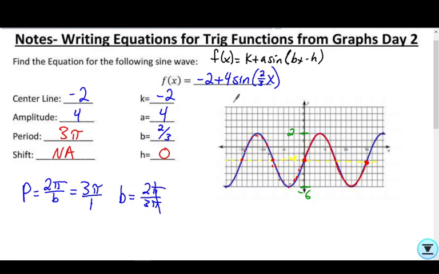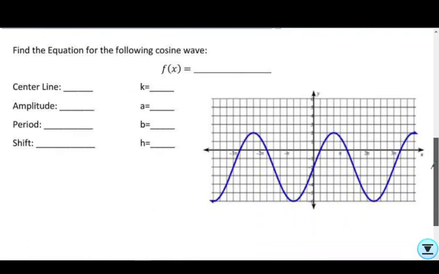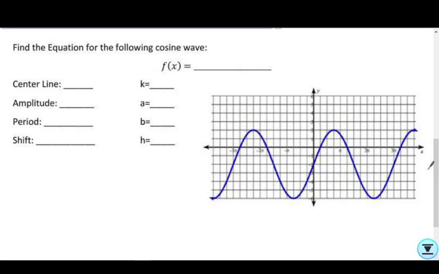Okay. For the second problem, it's telling us to use a cosine wave. So same thing. I'm going to start by writing down my parent function. So f of x equals k plus a sine of bx minus h. Okay. Start by finding my maximum, 2.